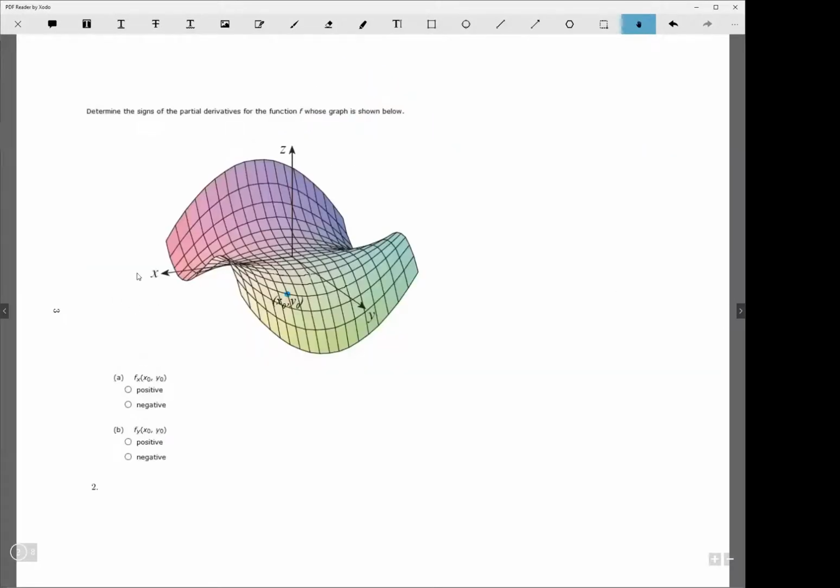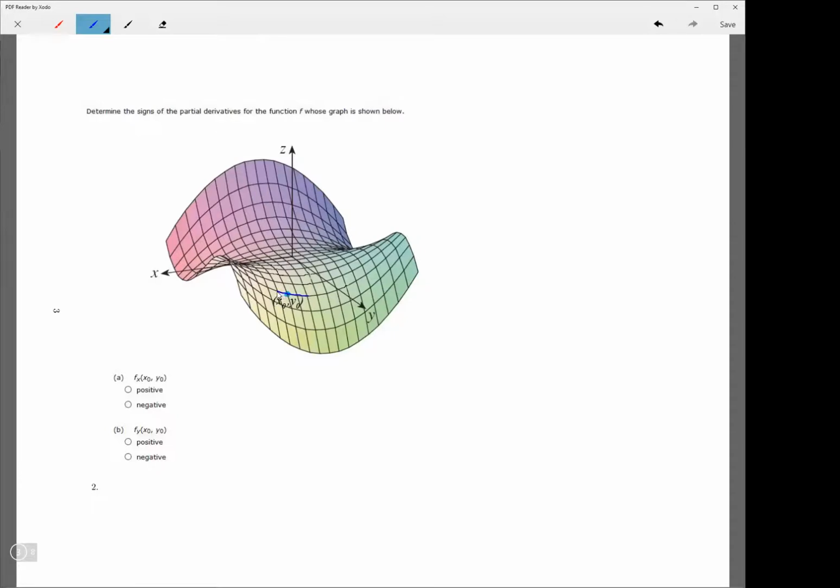Okay, let's look at number 2. Okay, so here it says determine the signs of the partial derivatives for the function f whose graph is shown. Okay, so you're looking at the partial of f with respect to x. See right here, with respect to x, that means you're going in along here, because this is the x-axis.